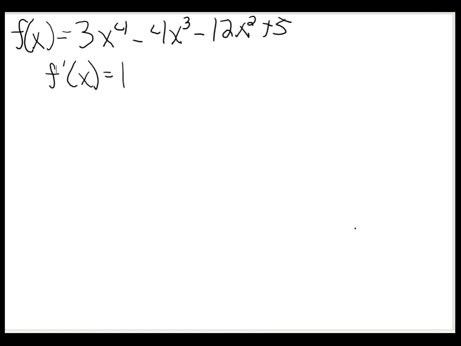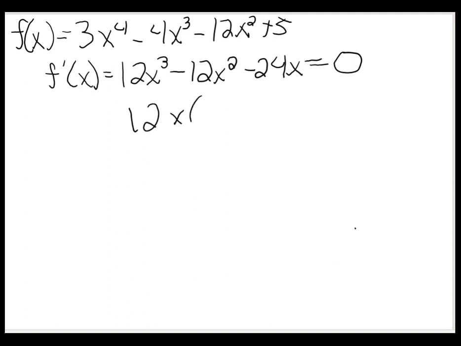Okay, by power rule, this is 12x cubed minus 12x squared minus 24x plus 0. So this is a polynomial, which means it's defined everywhere. So the only critical numbers happen when this is equal to 0. So you can pull 12x out and you get x squared minus x minus 2, and that's equal to 0.